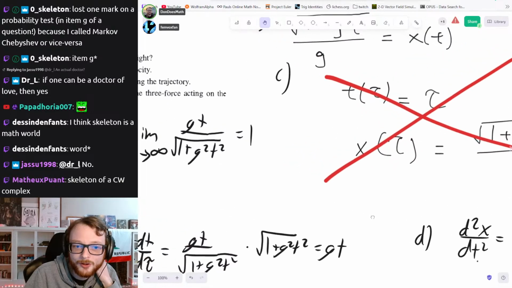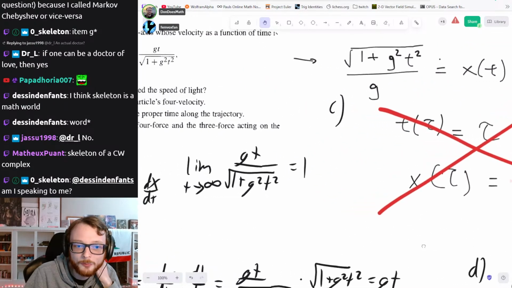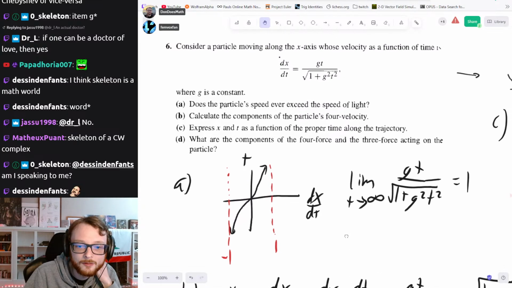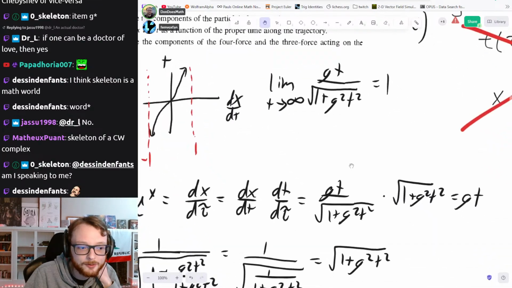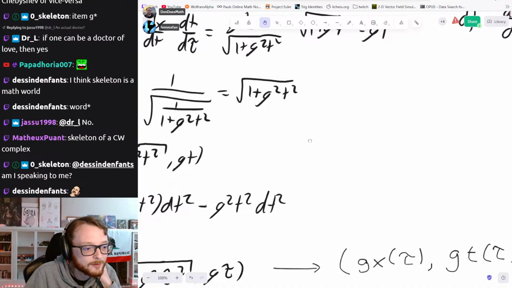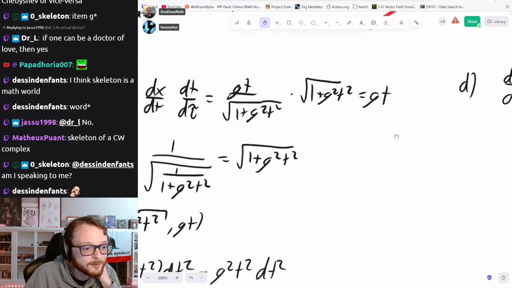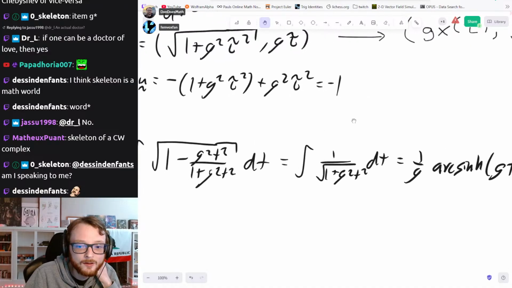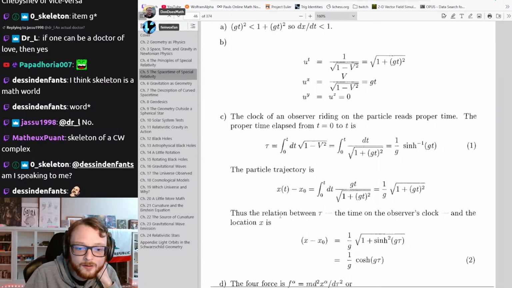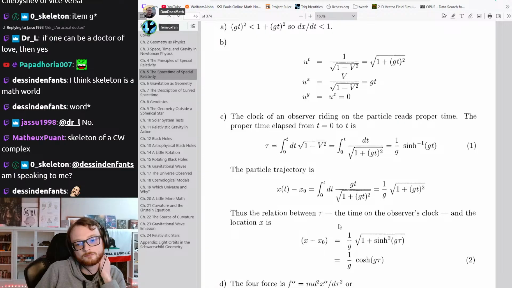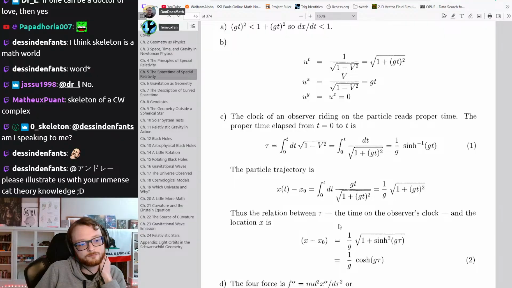I wonder if we got lucky with integrating dx/dt, if we would have needed to multiply a gamma in or something. Or I don't know. It was a particle moving in one dimension, right? It was just moving along the x-axis. Yeah. So maybe it makes sense that it traces out the same trajectory, right?